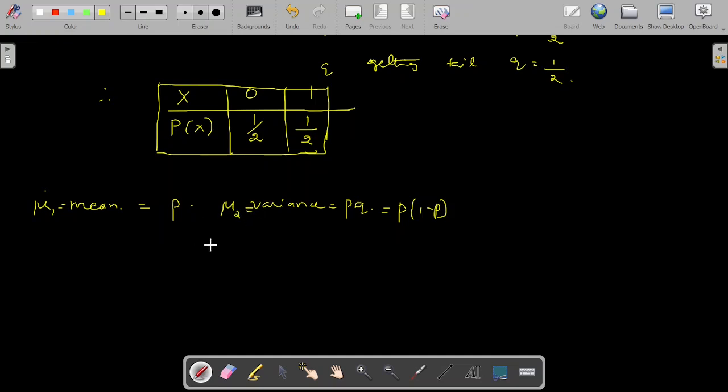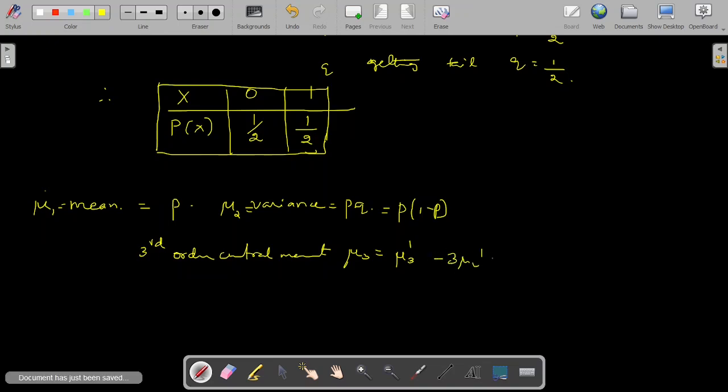Similarly, if you want the third order central moment, which is nothing but mu3, you can write mu3 in terms of the moments about origin: mu3 dash minus 3 mu2 dash mu1 dash plus 2 mu1 dash cube.